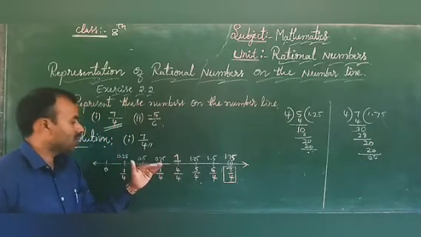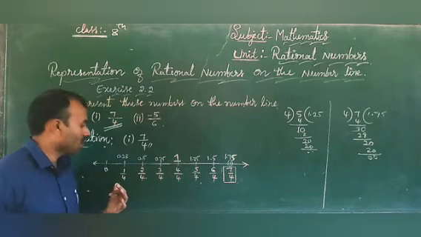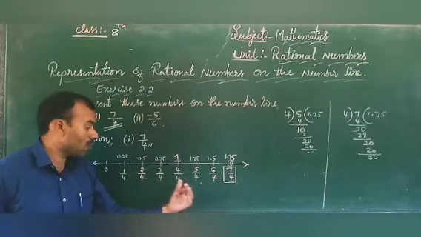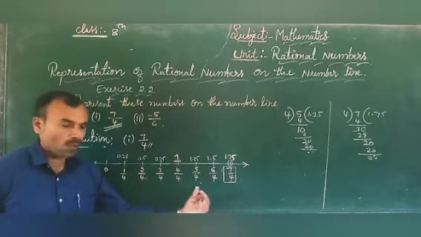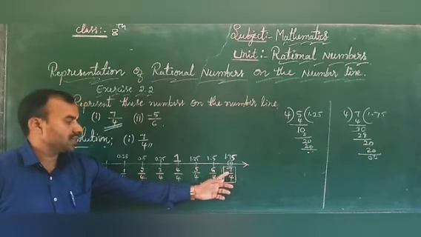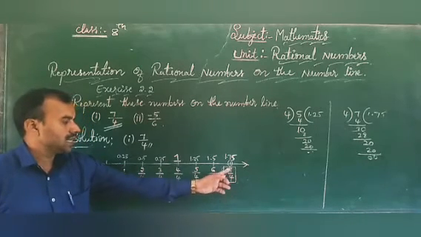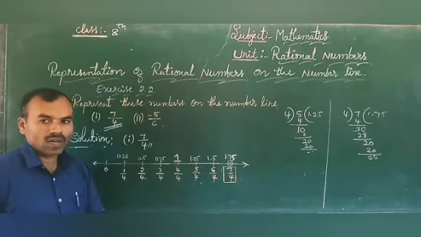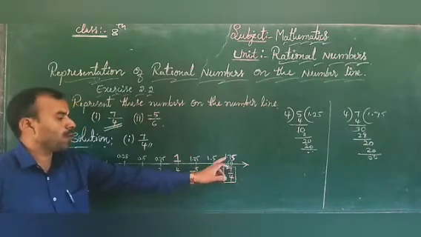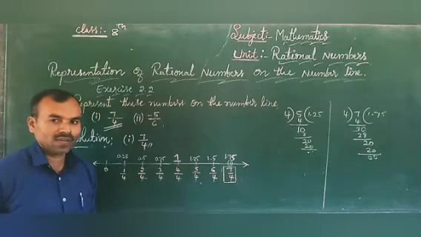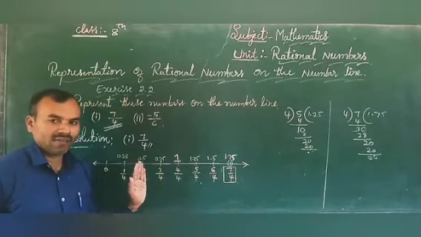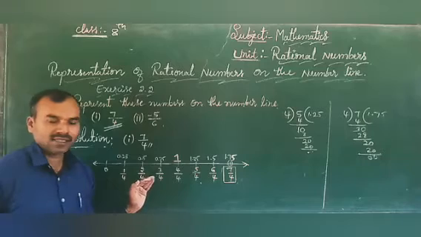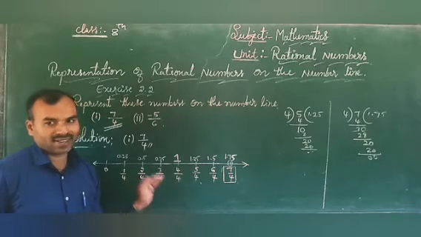So we take all the denominators as 4. Yes, this means 7 by 4 is in the place here, after 1, this is 1.75. Okay, this is simple, very easy. Just try it. Okay, take it.